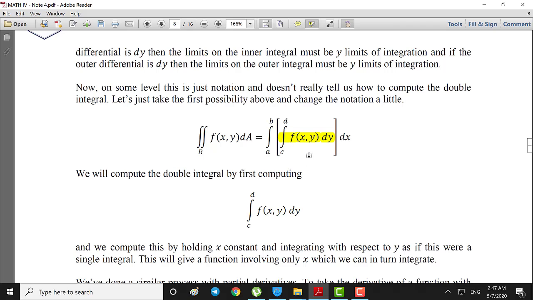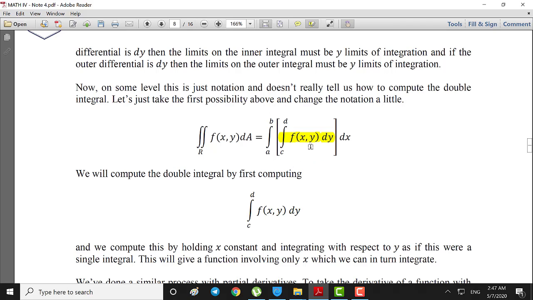Okay? Our job is to first calculate the value of this inner integral. After we found out the result, we're going to write it and then calculate the value of this outer integral.